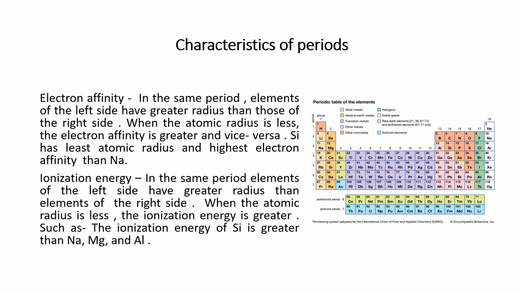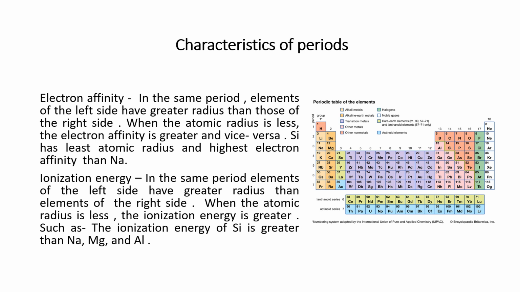We can easily understand this: when the shell is far from the nucleus, its attraction will be less and it can easily leave an electron, so its ionization energy is low. But when the atomic radius is less, then it is difficult for an element to lose an electron, so its ionization energy is more.